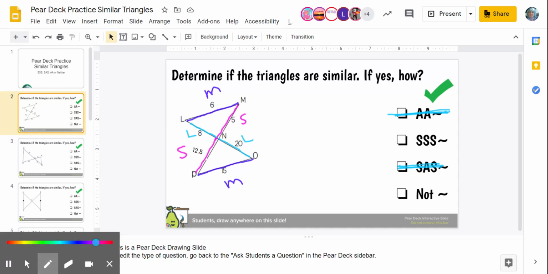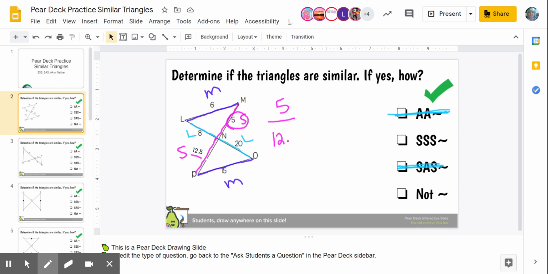So I take my small sides and I do 5 over 12.5. What is 5 divided by 12.5 as a decimal? Anybody got a calculator? 0.4. 0.4, perfect. So then I go to my medium sides.